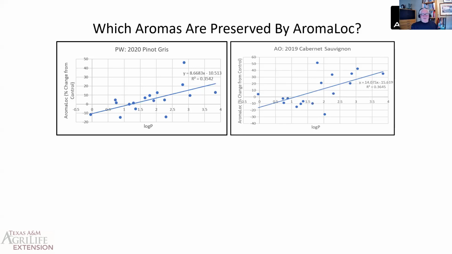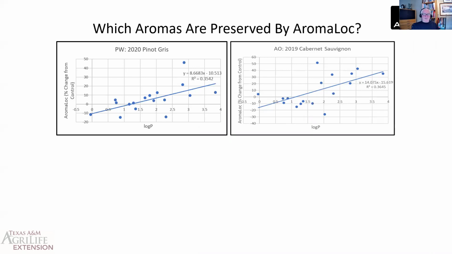So we were able to send them down to Brock University for aroma analysis. So this is fresh data, but in an almost year and a half old wine. And it shows a similar pattern though. The ethyl esters, the acetate esters that are hydrophobic are preserved and increased in Aromalock treatment, but those with very little volatility, like the alcohols, are not conserved with Aromalock treatment.